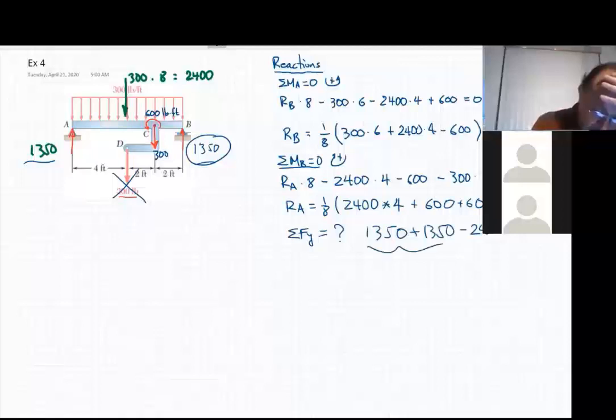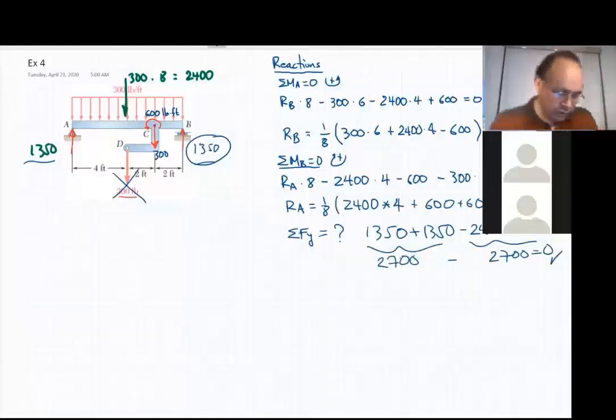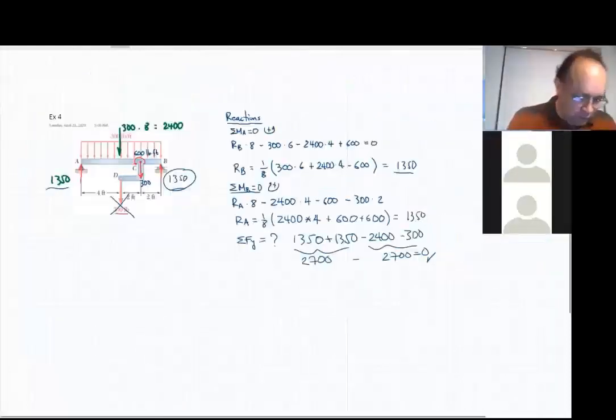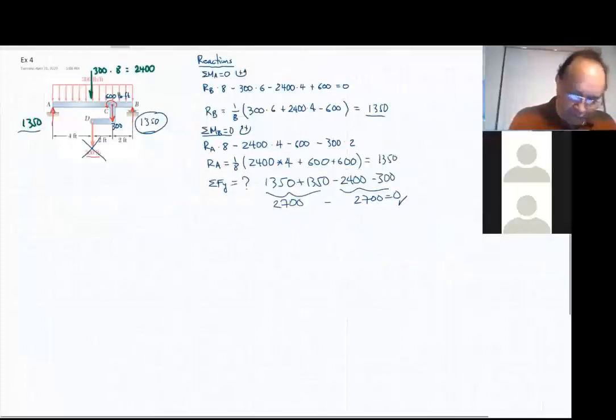This is 2700, and this is 2700, so it equals 0. You just have to make sure that you go with strong foot. All right, we have the reactions. We can proceed.